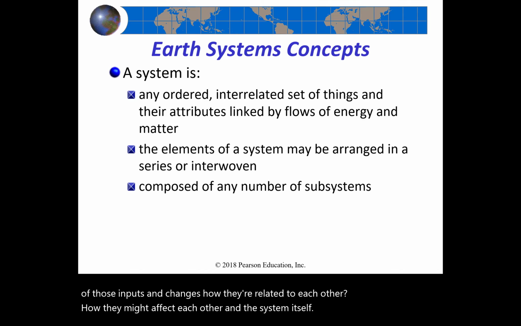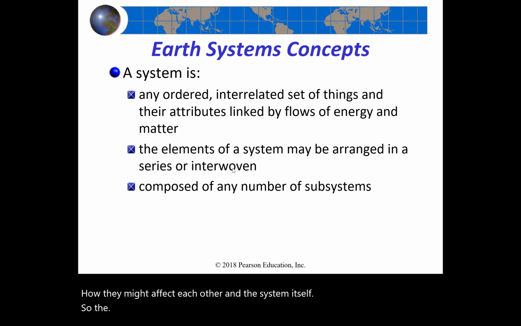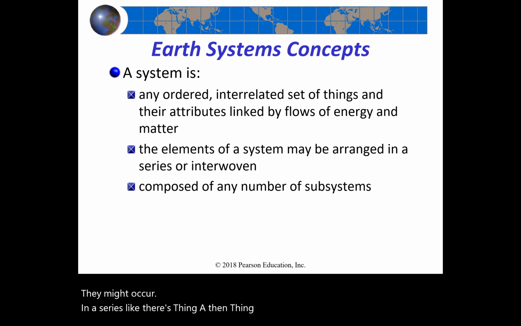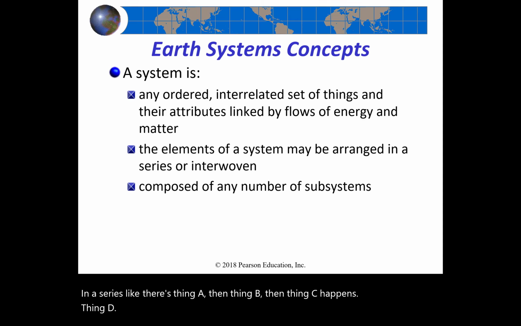So all of those elements of the system can be related to each other, interwoven. They might occur in a series, like there's thing A, then thing B, then thing C happens, then thing D, in a directional sort of way.